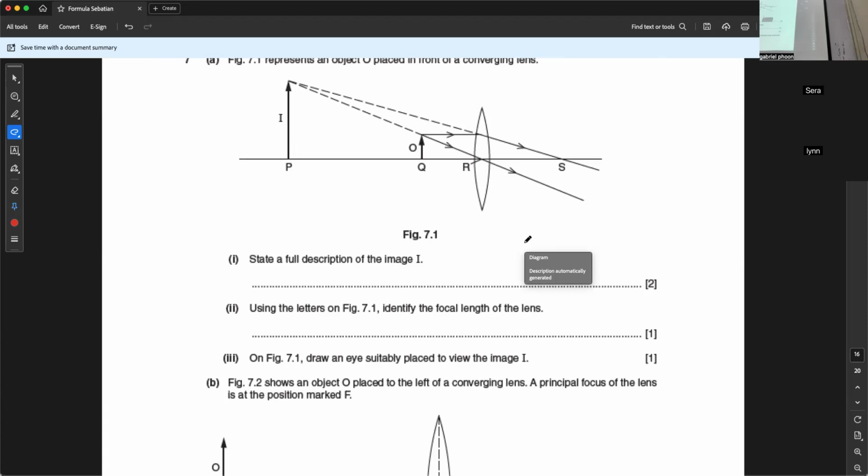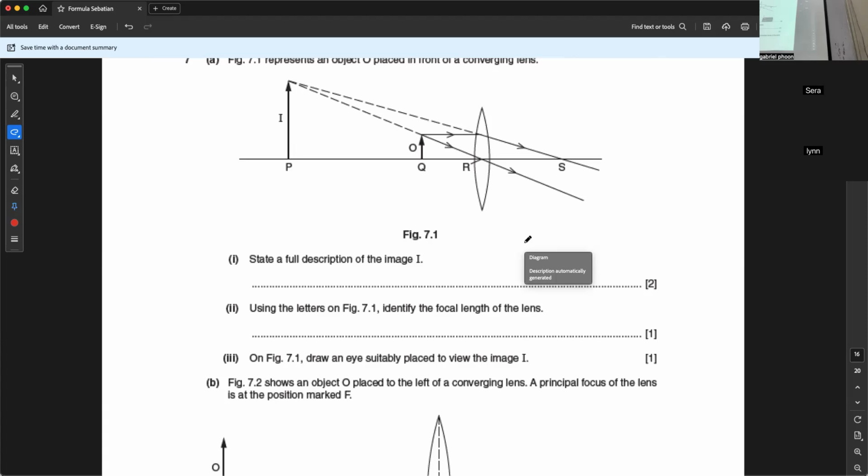Think about how I'm going to use it. So I draw a line here. Good. Then the second light ray. Cut through the optical center and find where the image is.